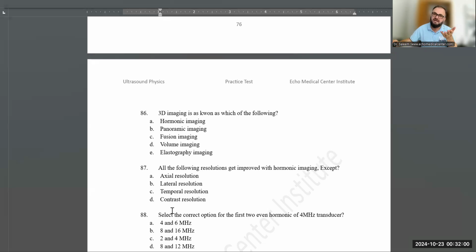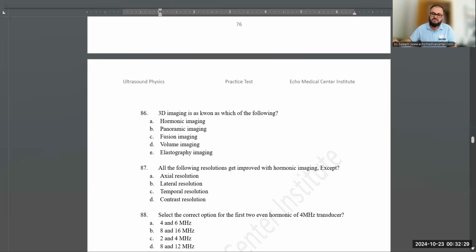Exactly correct. Axial resolution, because axial resolution is determined by the SPL, spatial pulse length. That's the length of a pulse, and that is already set in the probe. So that will not be affected by harmonic imaging.